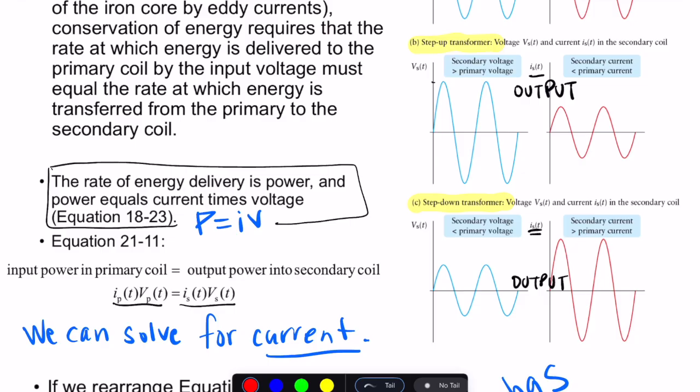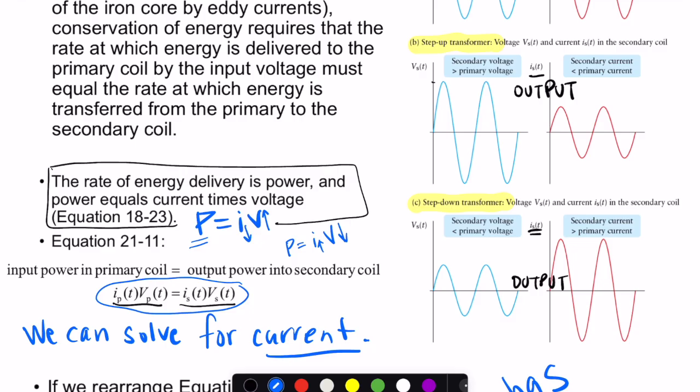So if we're stepping up, if voltage is increasing, then in order to keep power constant, the current must decrease. And if we're stepping down, if the voltage is decreasing, then the current must increase to account for that, to keep P constant. You can see that a little bit better here.